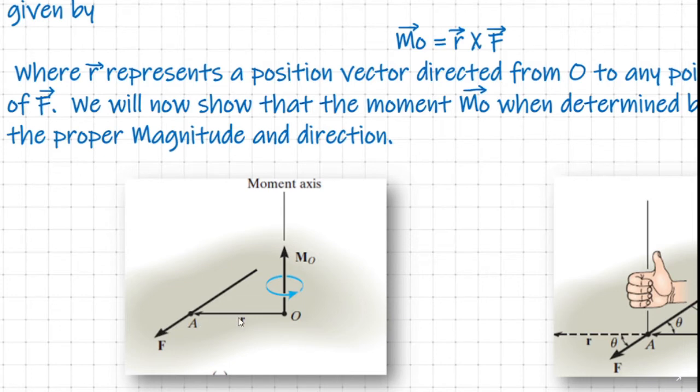I am repeating, vector R is always drawn from the point O to any point A on the line of action of F. So we have vector F, vector R, and we know that MO, the moment vector, will have a magnitude and a direction as well.